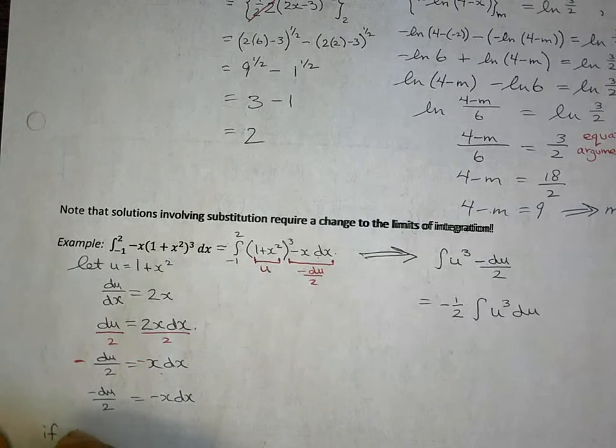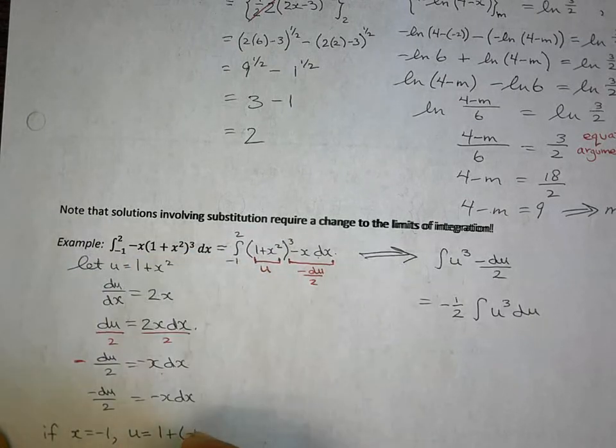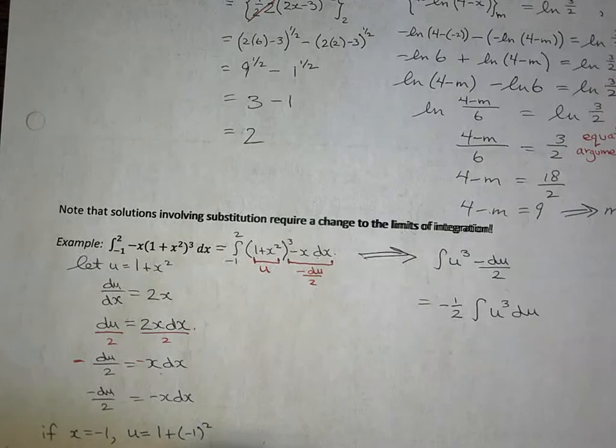If x is equal to negative 1, what is the corresponding u? Well, I sub that negative 1 into my expression for u. So I have 1 plus negative 1 squared. That gives me 1 plus 1, which gives me 2. So that's my new lower bound.